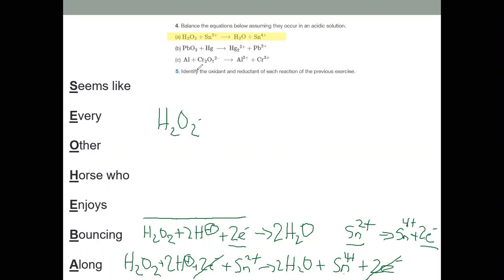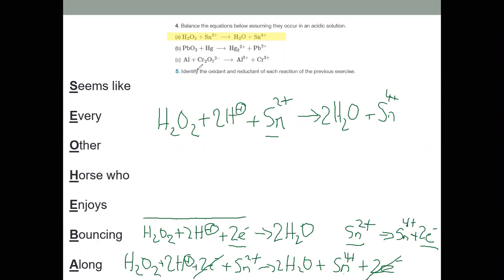H2O2 plus 2 protons plus Sn2+, and that is going to 2H2O plus Sn4+, and that is it.